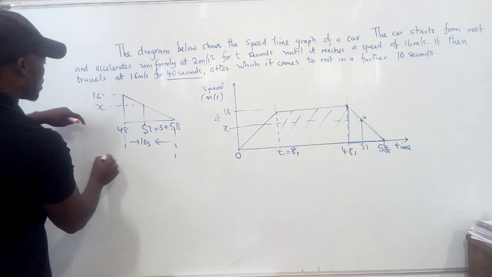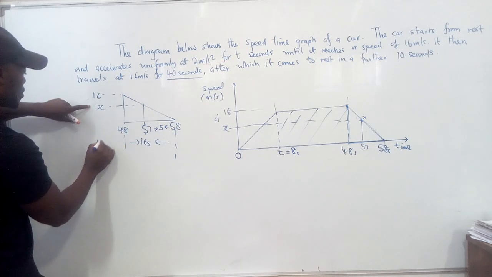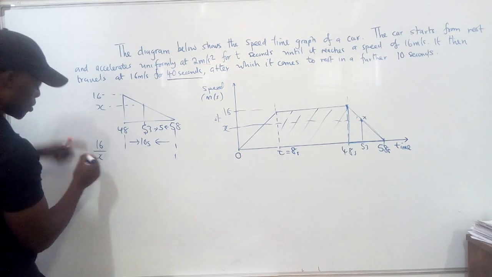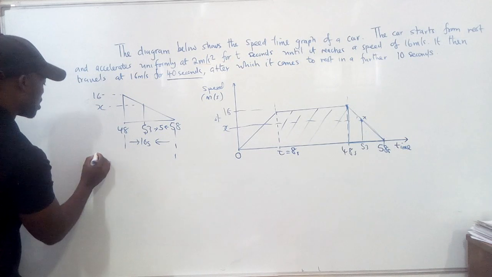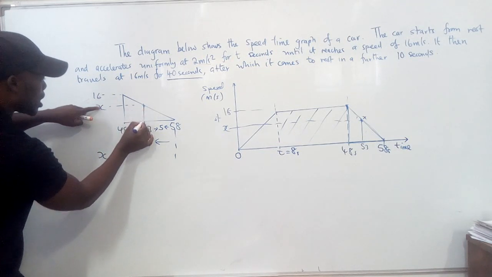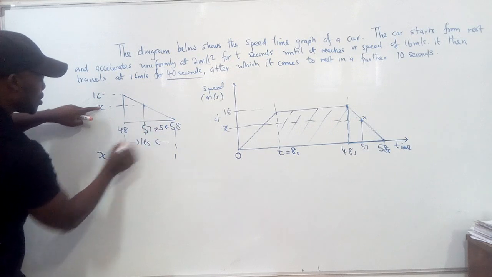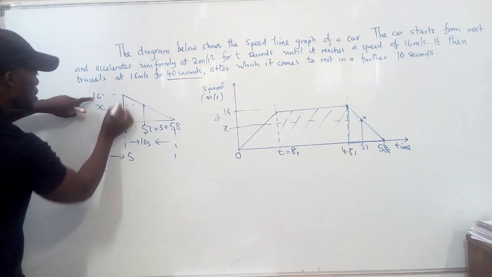So now we use the idea of similarities. We say 16 over x, or if you want, you can say x over 16. This x is for the smaller triangle. We'll move with 5, and then 16 is for the bigger triangle.